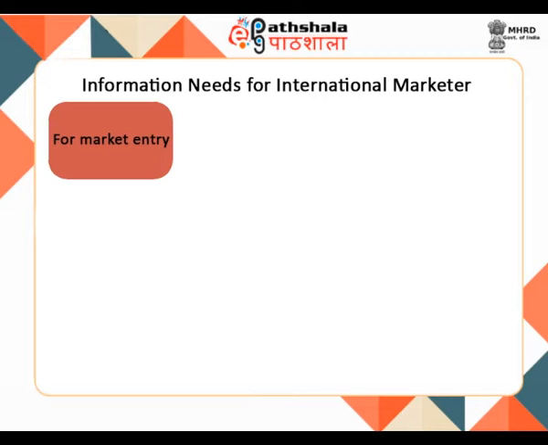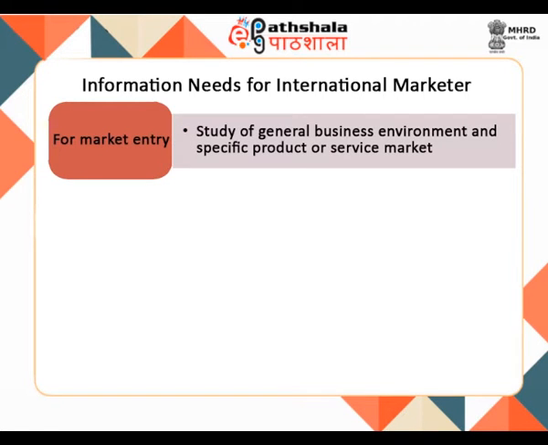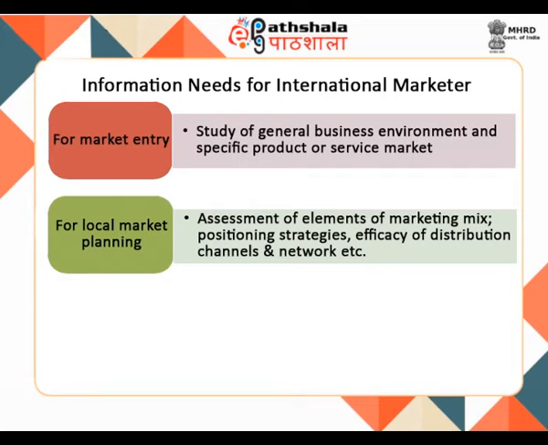For market entry, study of general business environment and specific product or service market. For local market planning, assessment of various elements of marketing mix, positioning strategies and product modification, suitability of promotional themes, advertising copy and packaging, price analysis and its sensitivity, efficacy of distribution channel and network, etc.